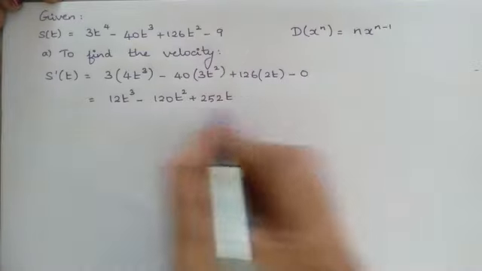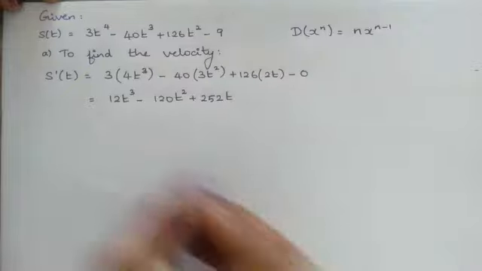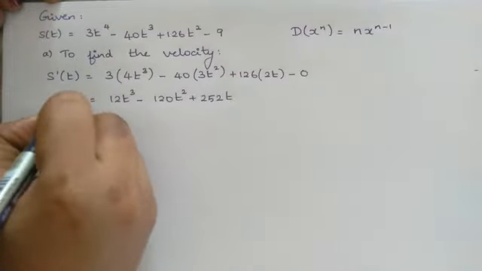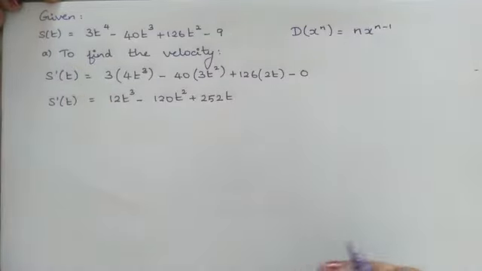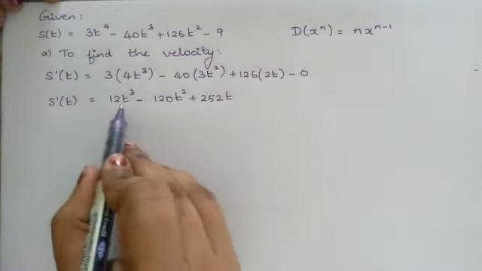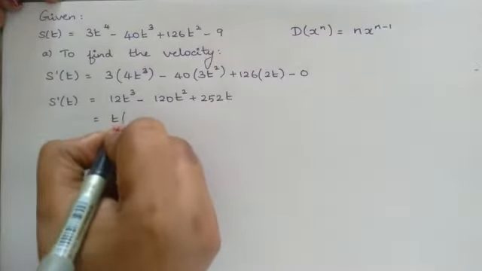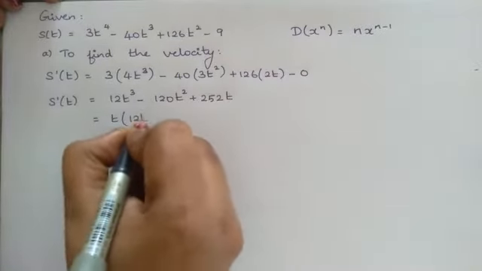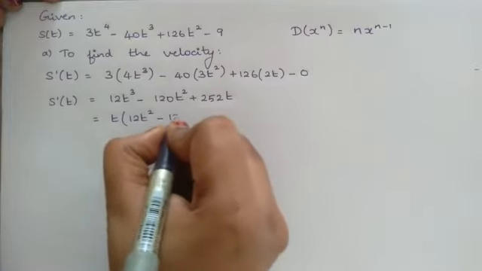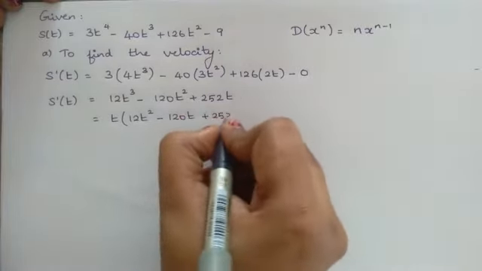Now this is nothing but the velocity of the object. So this is s dash of t. Let's try to simplify this further. We have t as a common factor throughout. Let's take t outside. So this becomes 12t square minus 120t plus 252.